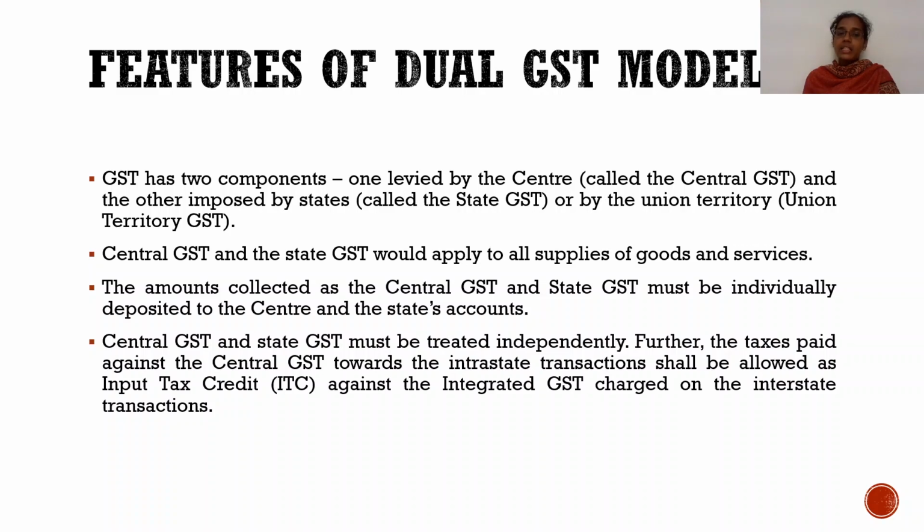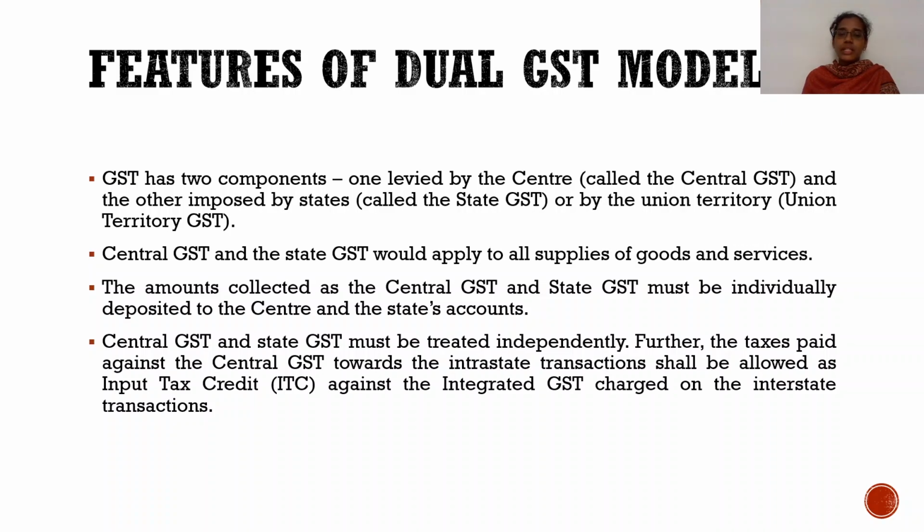Now, if the transaction is happening within one particular state, the central government and the state government jointly levy tax. In case the transaction is happening in a particular union territory, the tax would be levied by the central government along with the union territory government. In such a case, SGST would not be charged.